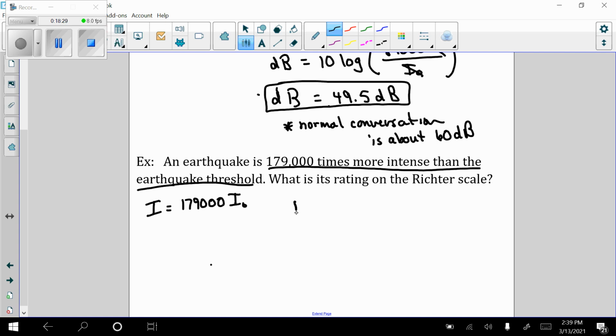So for my magnitude, that's equal to just log, there is no 10 in front of it, of I over I sub 0. If I substitute I as being 179,000 times I sub 0, again my I sub zeros are going to cancel.